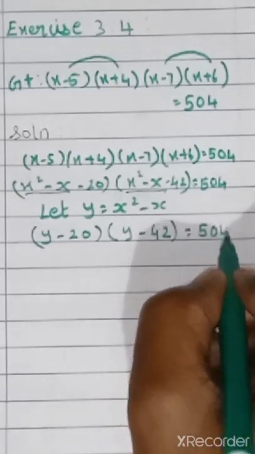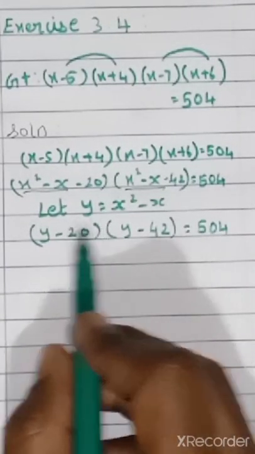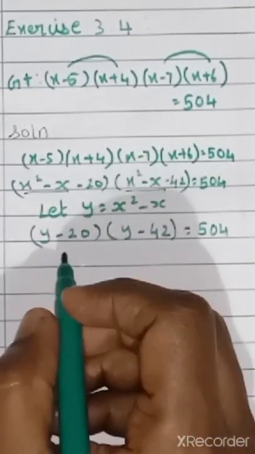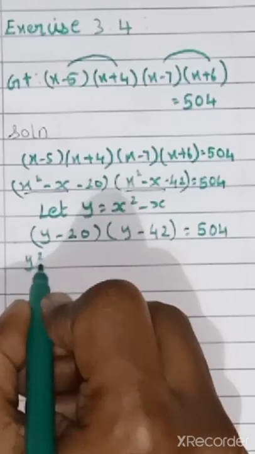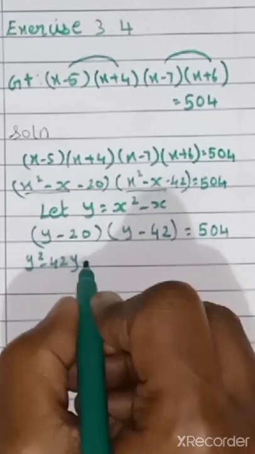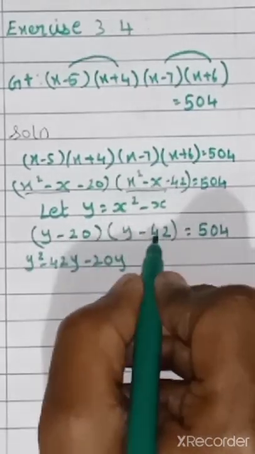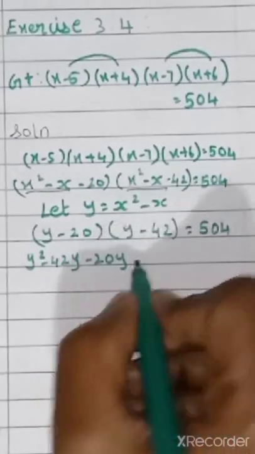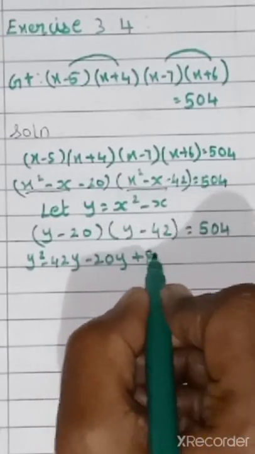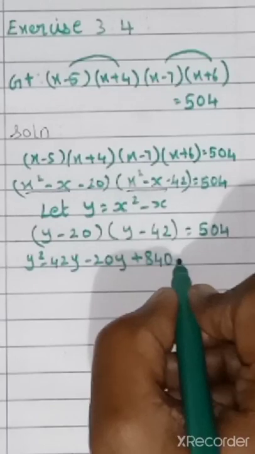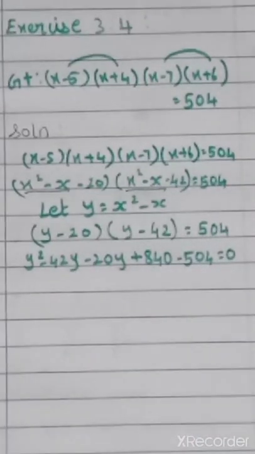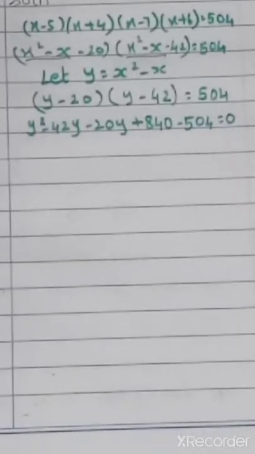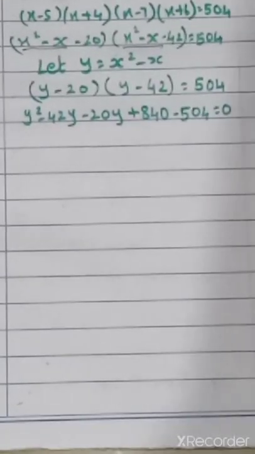Is that clear? Now again you have to multiply these two expressions. When you multiply, you will get y square minus 42y minus 20y, and multiplying minus into minus gives plus 840. Bring this to this side: minus 504 equal to 0. Correct? Again you have to simplify this.